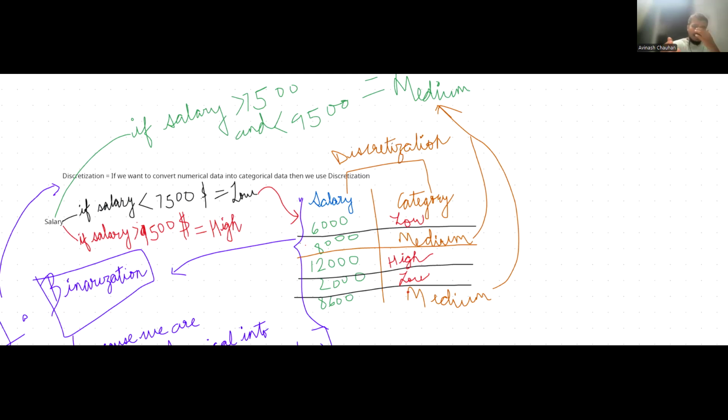Whenever we are doing two categories, then it's called binarization. And again, if it's more than two categories, we can also convert it, right?